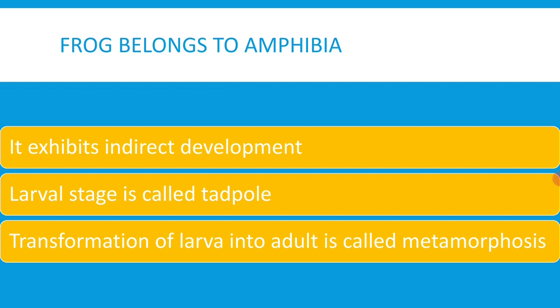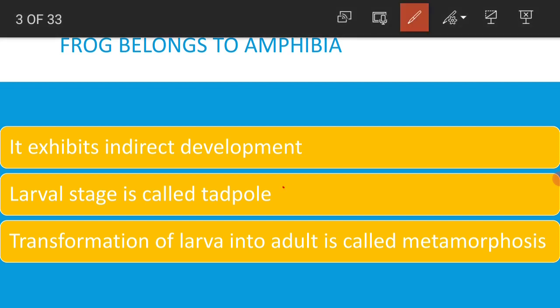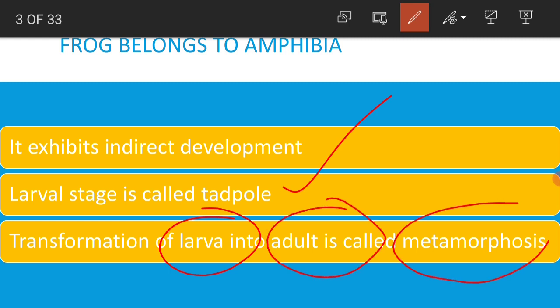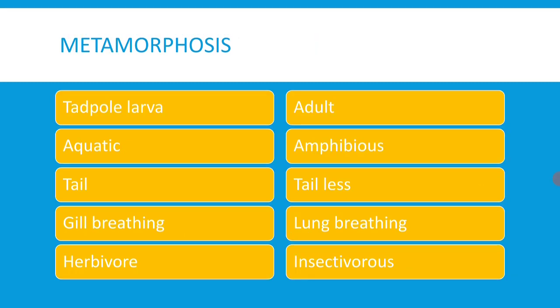It exhibits indirect development and the larval stage is called tadpole larva, which contains a tail. Transformation of this tadpole larva into adult frog is called metamorphosis. And here you can see there is a clear cut demarcation, clear cut contrast between tadpole larva and adult frog.